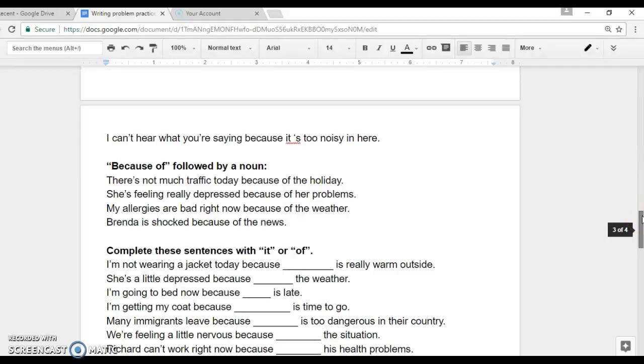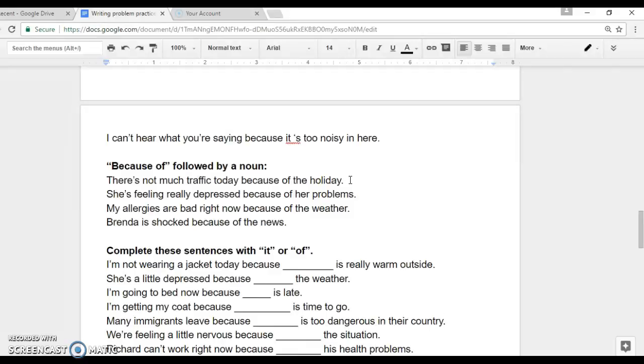Because of is used when the part that follows because is not a complete sentence, but is a noun. There's not much traffic today because of the holiday. Notice after because we use of and then just the holiday or a noun.